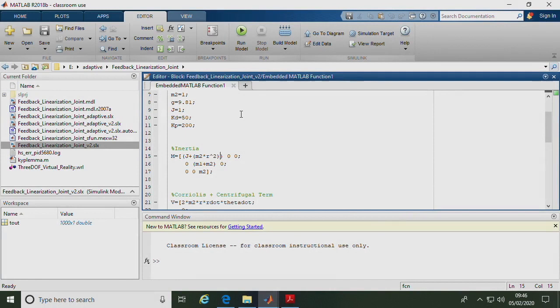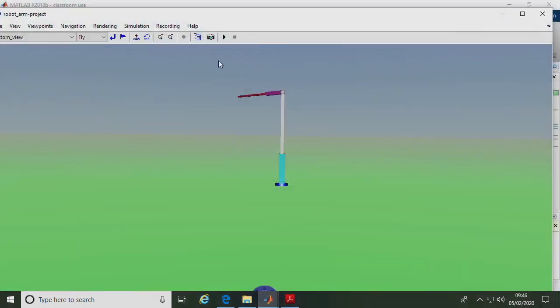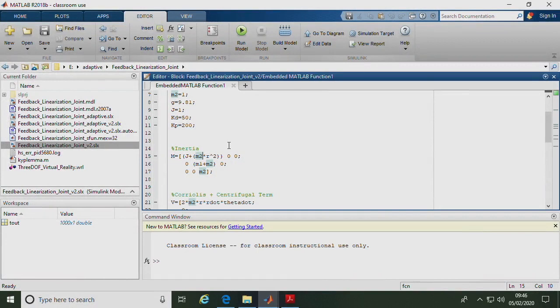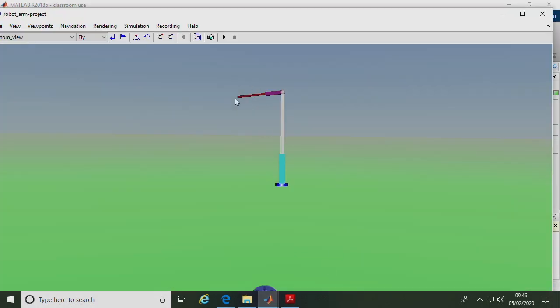Then we have a mass m2, which is the end mass at that point. We have a variable r that tells us the length of that robotic arm.